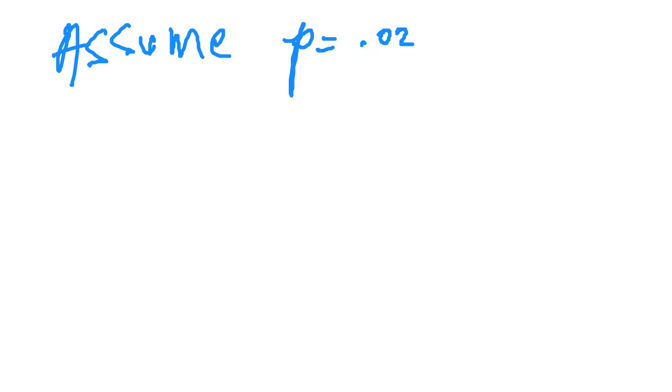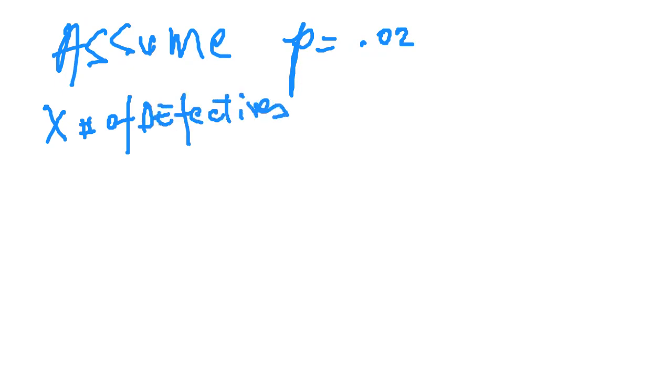There's a probability of success, whatever the variable is. Let's say the variable is the number of defective items. So there's a probability for any item to be defective in any particular trial.